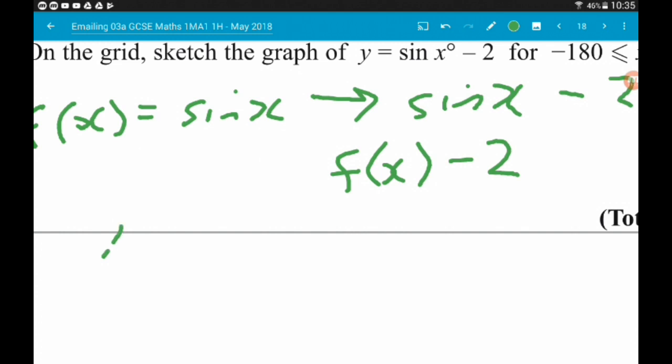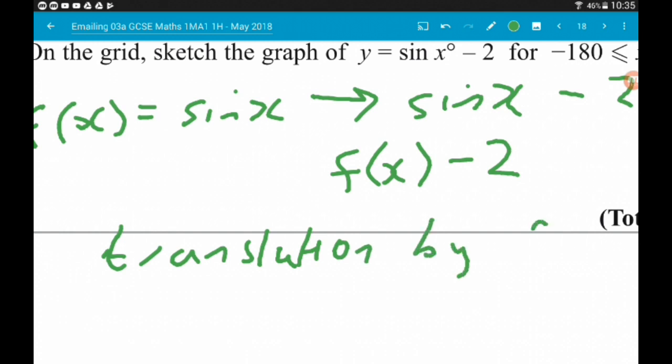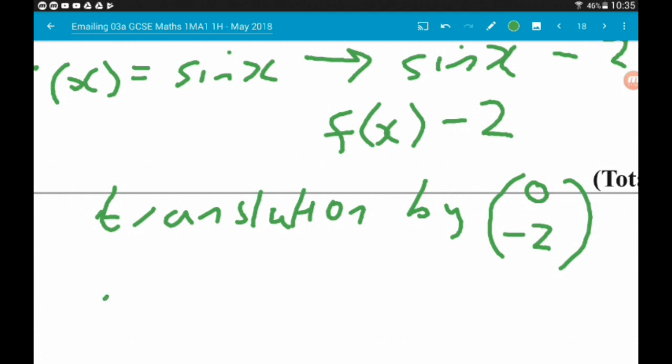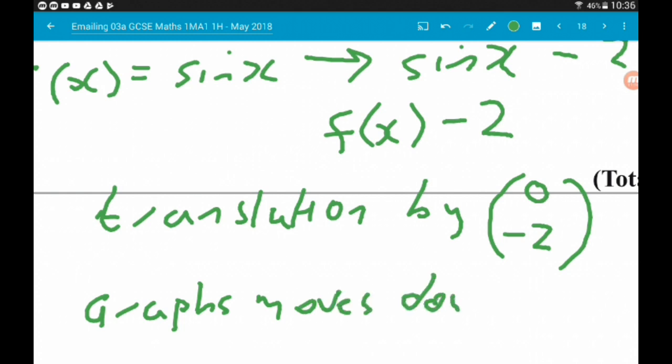Now what this does, it's a translation by 0, minus 2. So what that means in English is the graph moves down by 2.